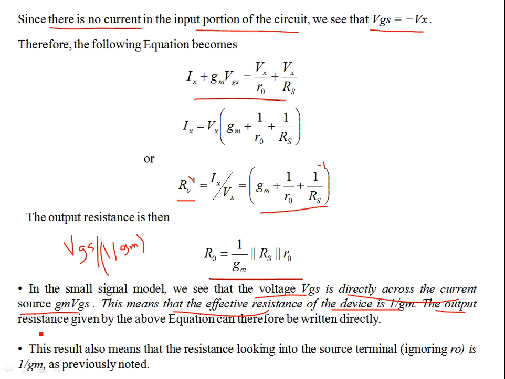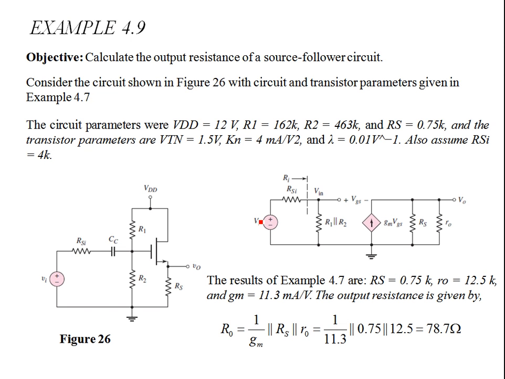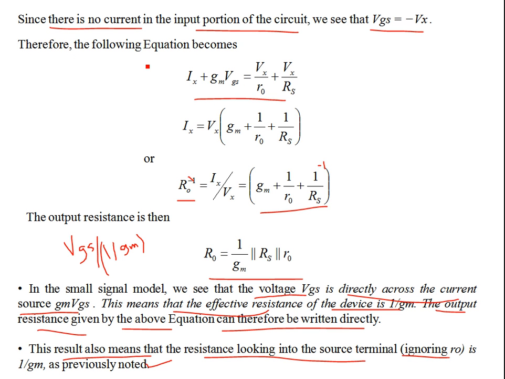So the output resistance given by the above equation can therefore be written directly. This result also means that the resistance looking into the source terminal, ignoring R naught, is 1 over Gm as previously noted.